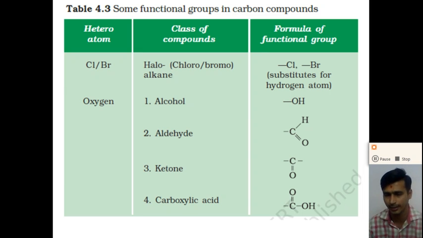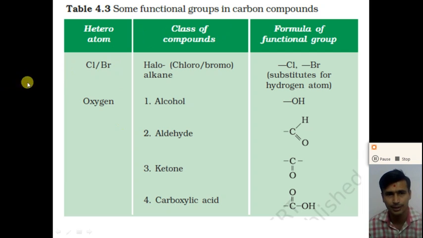Or it can be a group of atoms, like oxygen and hydrogen, carbon, hydrogen and oxygen, or carbon and oxygen, right? These are the groups of atoms which decide the property of the carbon compound, called the functional group.